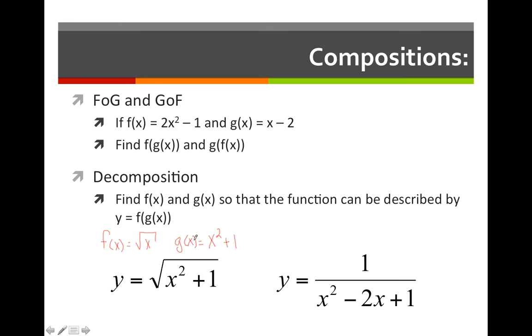If I take g of x, x squared plus 1, and plug it into f of x, I would get the square root of x squared plus 1. This would be the decomposition of this particular function.